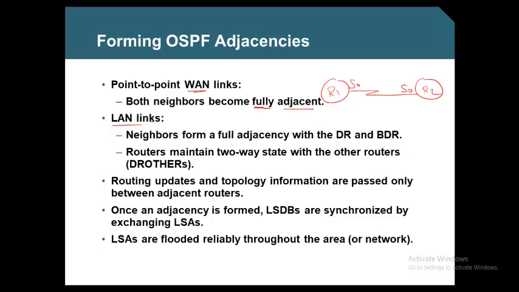If you have an Ethernet link, you may be connecting two routers, or you may also have a switch to connect multiple routers. It's your choice. You may have two or many. Even if you have two, it is not point to point.